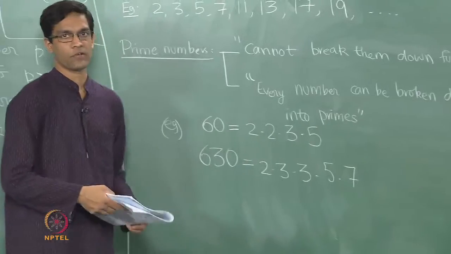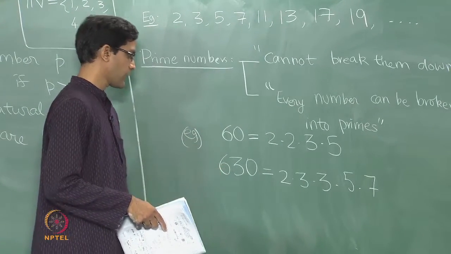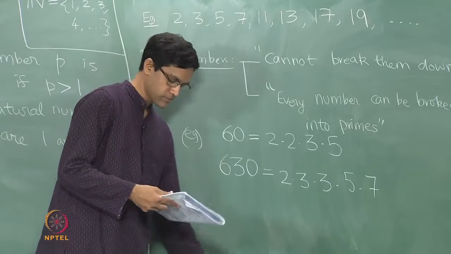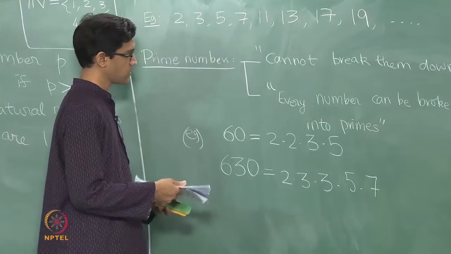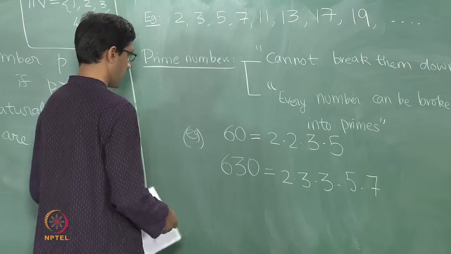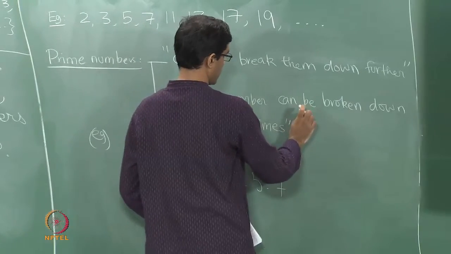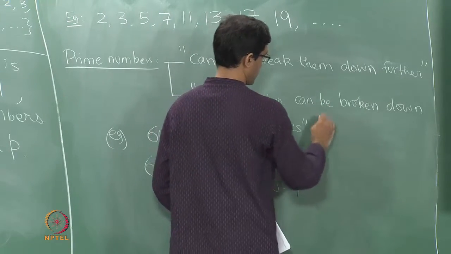So this is often what we call the prime factorization, that an arbitrary number can always be written as a product of primes, and further this expression really is unique. So that is another important property of prime factorization. Every number can be broken down into primes, but in an essentially unique fashion.